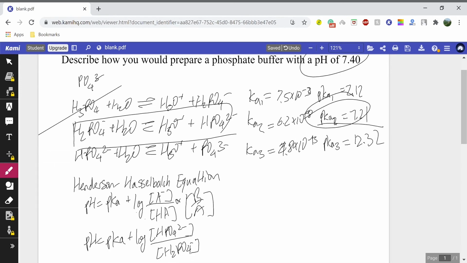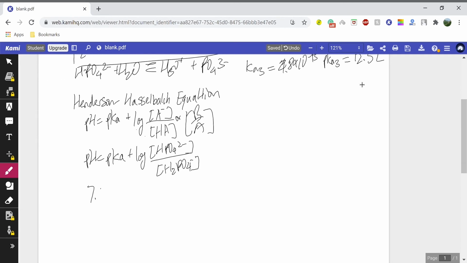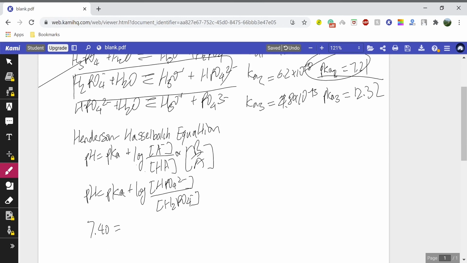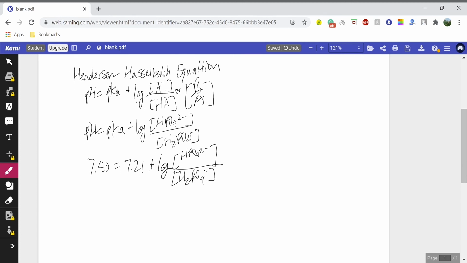So 7.4, which is the pH in the given buffer solution, equals 7.21, which is our pKa2, plus log of HPO4 2 minus divided by H2PO4 minus. I'm not given the concentration of these, so we're going to have to solve for that.